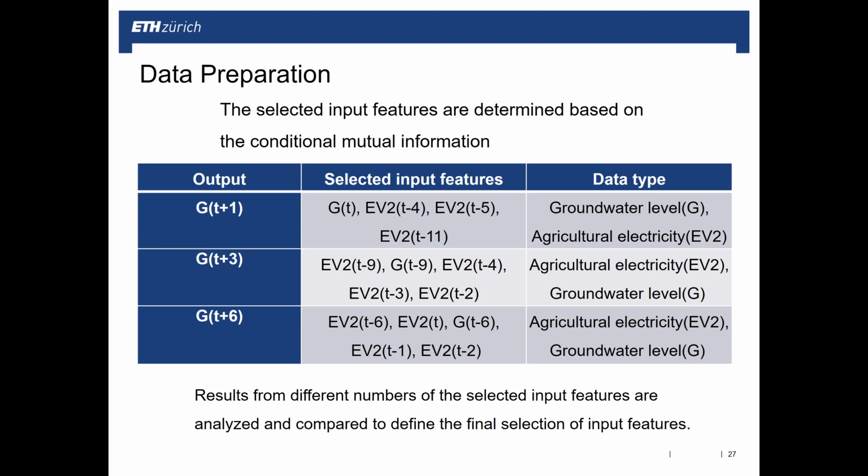Normally, the chosen features should be less than 10 times your input time series, and the final number, whether 4, 5, or 6, we need to define based on sensitivity analysis. That means we compared the results from different numbers of input features, 3, 4, 5, 6, and then finally we choose the one with the best result.